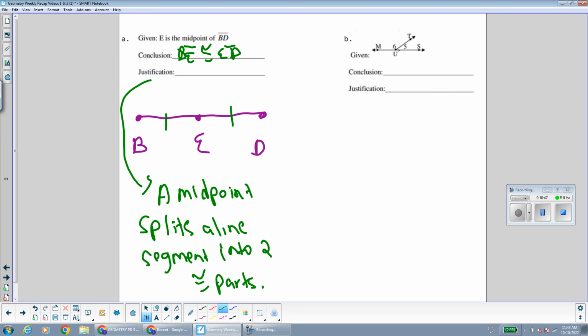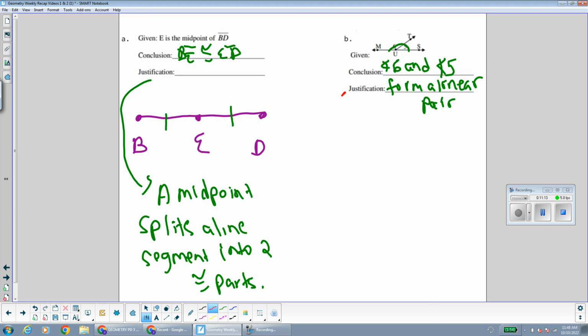Let's take a look at B. Think about if you remember the word for the relationship between angle 6 and angle 5. I'm going to write here angle 6 and angle 5 form a linear pair.